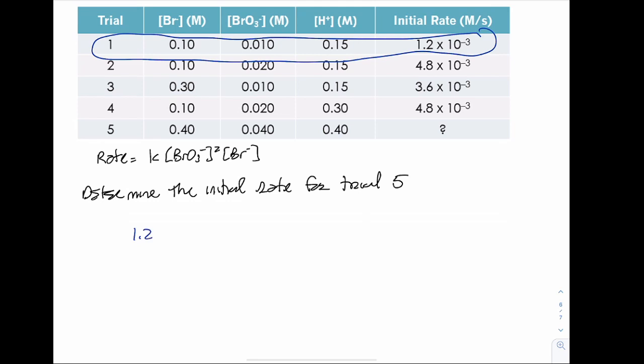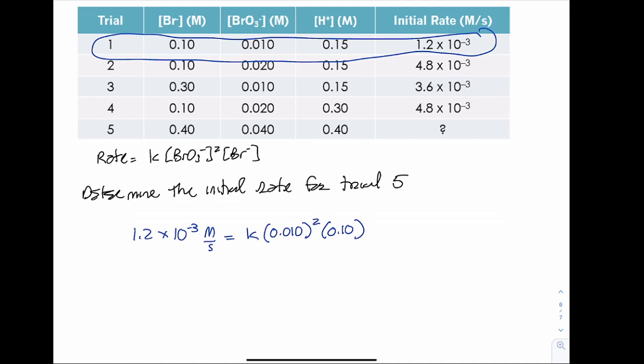So 1.2 times 10 to the negative third molar per second is equal to my rate constant, which is my unknown here, multiplied by the concentration of bromate squared. Don't forget to square it. I do have a 2 here for my exponents. We do need to square that concentration. Multiplied by my concentration of bromide.